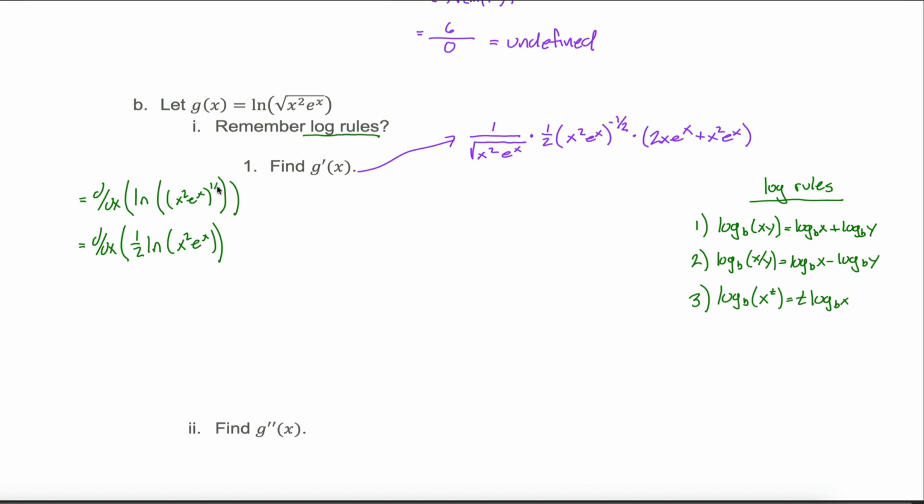Because exponents involve another layer of rules, but coefficients do not. Coefficients are really nice in calculus. We get to pull them out in front of the derivative symbol. So we're going to end up preferring this form to this form. In fact, this third log rule, changing exponents into coefficients, is going to produce much nicer forms for our derivatives. Similarly, these other log rules also produce nicer forms for derivatives because generally we don't like multiplication and division, right?